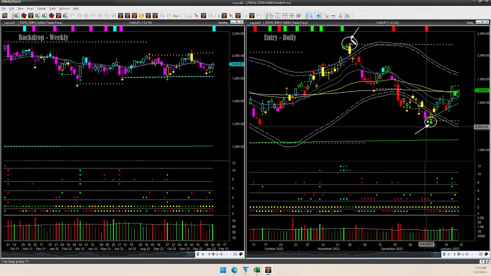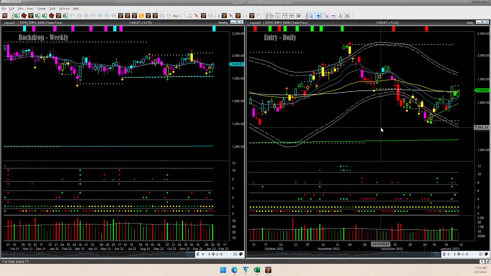Once again, that caught the very high. After the bearish headwind, after the bullish headwind, it has created higher low, higher high. It is bullish. The upper boundary is far enough away, so it is uptrending, and my preferred trading direction is bullish.